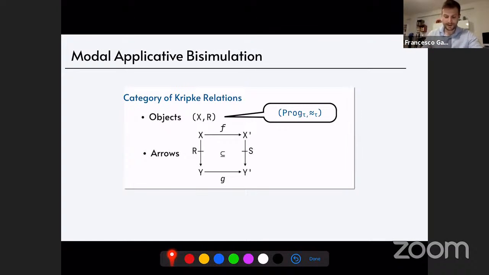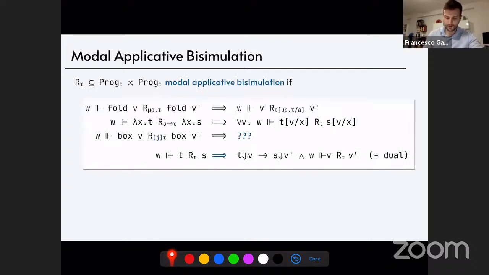And in particular, the attempt is the standard one. As we have seen, we have a category of Kripke relations, which is pretty much as the one that we have used for standard relations. So now what we would like to do is to associate to any type a Kripke equivalence relation of programs of that type, right? And then consider arrows as we did before.